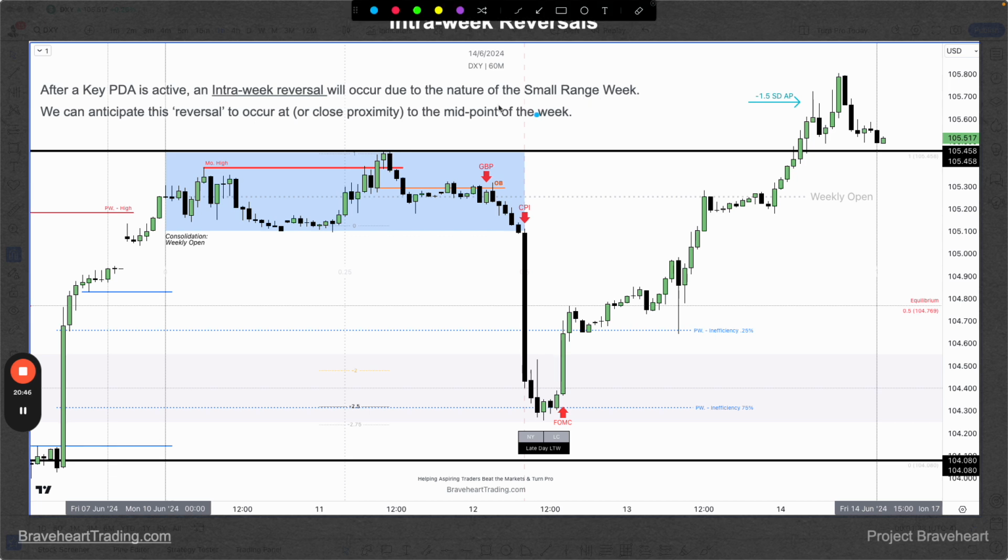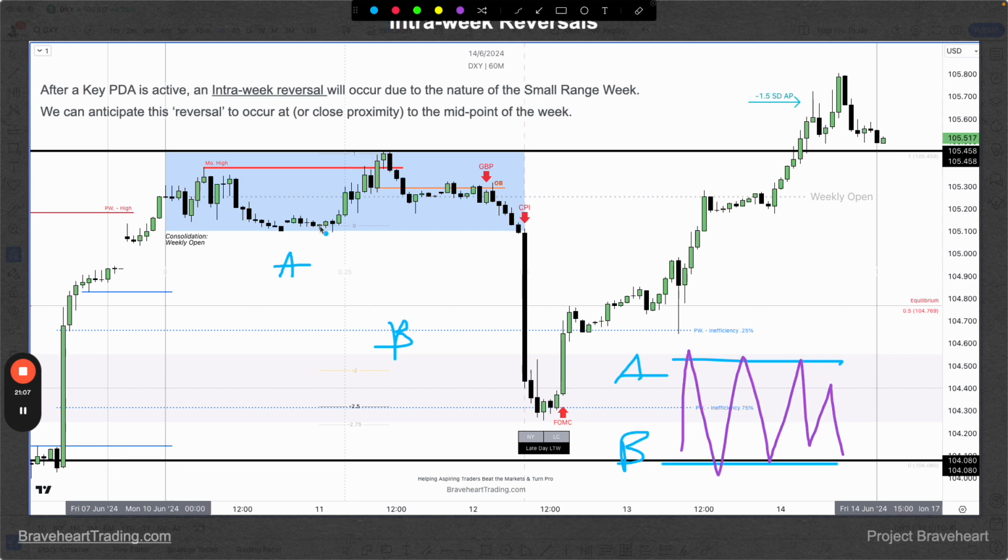Intra-week reversals tend to happen more often in consolidations because price is not trying to get from A to B. It's trying to stay stuck within A and B, if that makes sense, right? It's trying to stay stuck within it, whereas the trend is trying to move away from it.